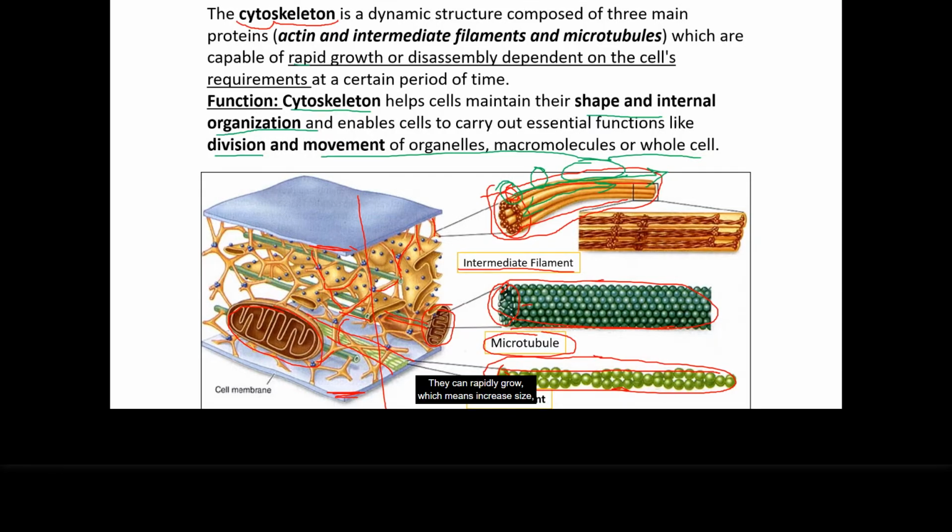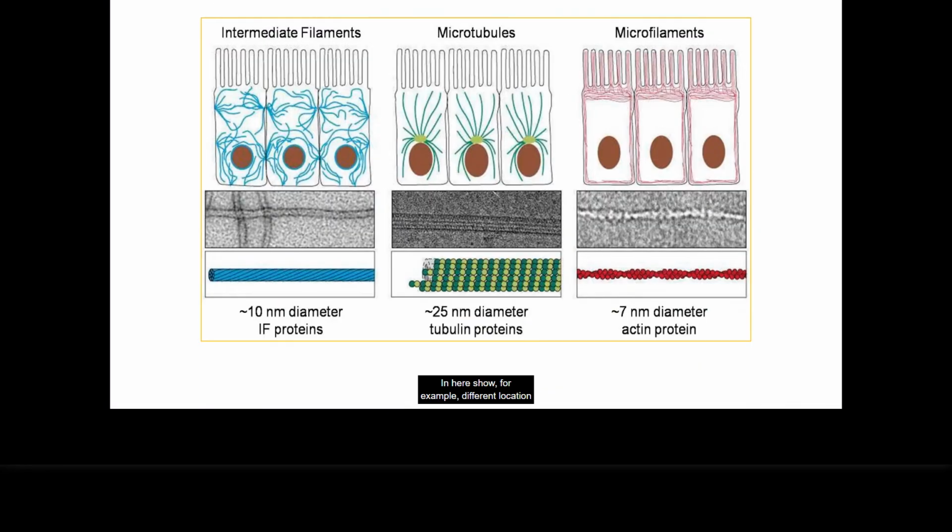They can rapidly grow, which means increase in size, or if they aren't needed, they can very quickly disassemble, separate into little pieces if cells do not need them. So this is very interesting. It's a very unstable structure, the cytoskeleton; they form these roads and attachments only when the cell needs them.